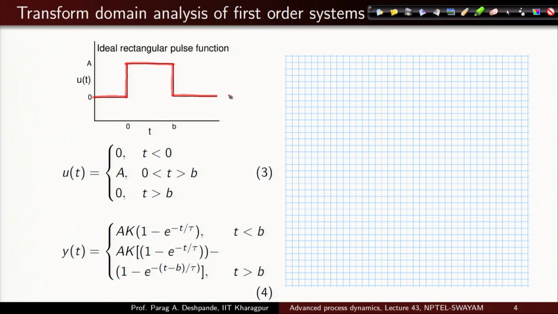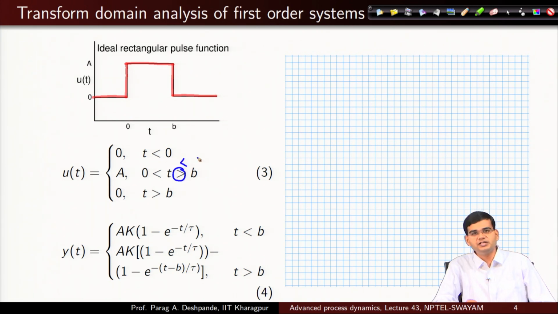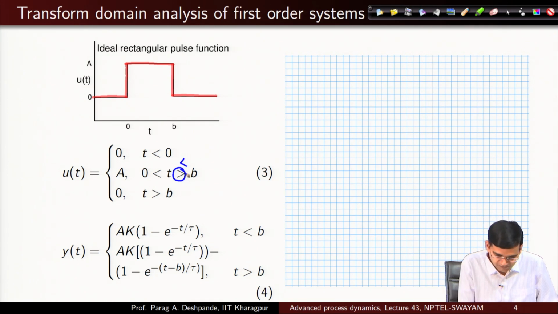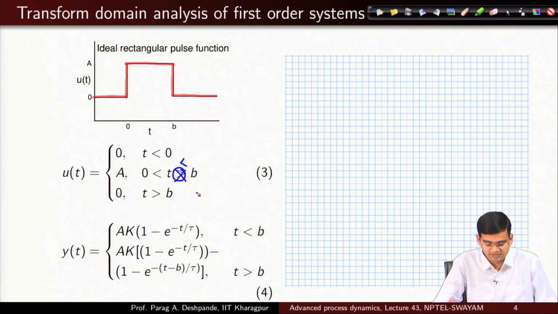This is the rectangular pulse function. The expression is in front of you: for t less than 0 it is 0, between 0 and b it is A, and for greater than b it is again 0. So, following the usual method, I leave the details for you to work out. The response is given like this.